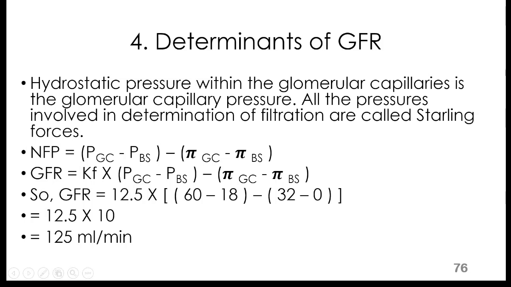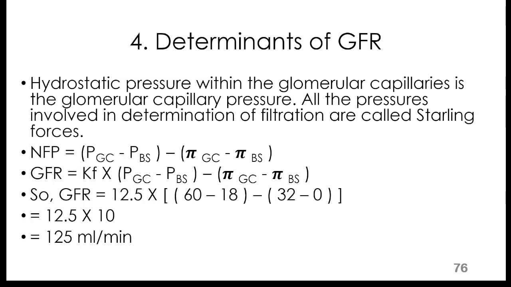Now, hydrostatic pressure within the glomerular capillaries is the glomerular capillary pressure. We said this earlier, and we also said that all the pressures involved in determining the filtration rate are referred to as the Starling forces.